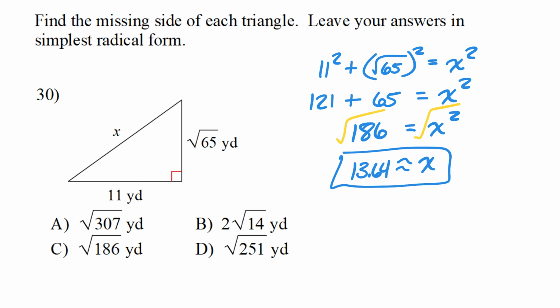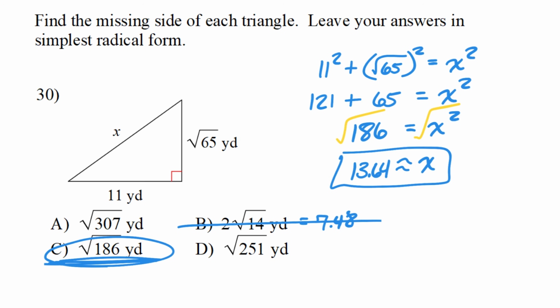What you could do is go through all of these numbers and see if any of these is a reduced version. If I wanted to see if 2 square root of 14 was a reduced version, I put that in my calculator and what I get is 7.48, not what it's supposed to be. So even if you're asked to reduce, you can always check the answers on this one. This one clearly does not reduce because that's one of the multiple choice answers.